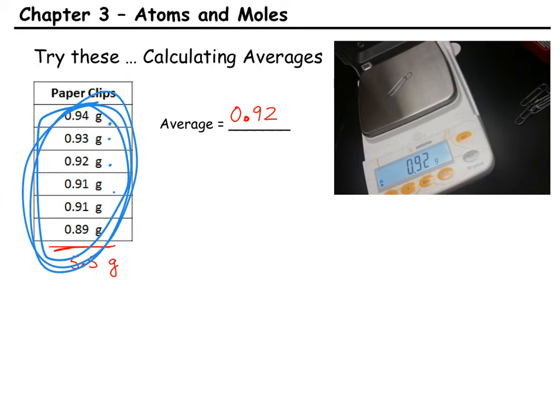If we add them all up, we get 5.5, and if we take 5.5 divided by 6, then we get our average of 0.92. That's calculating an average. You learn how to do that in math class: add them all up and divide by how many you got.